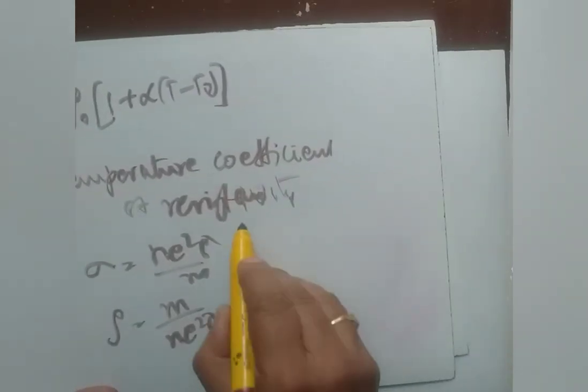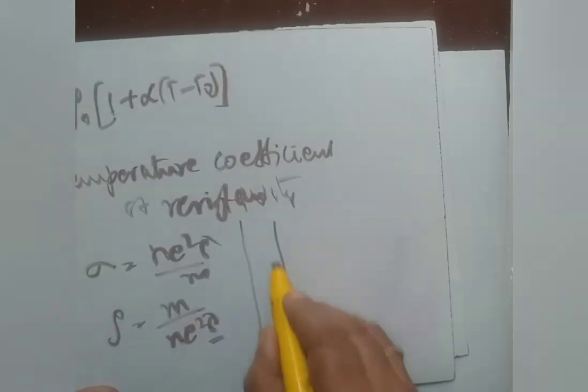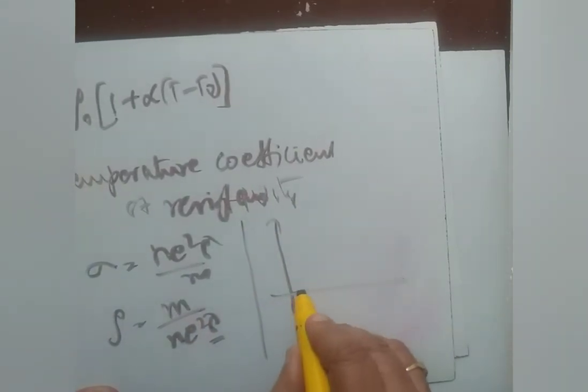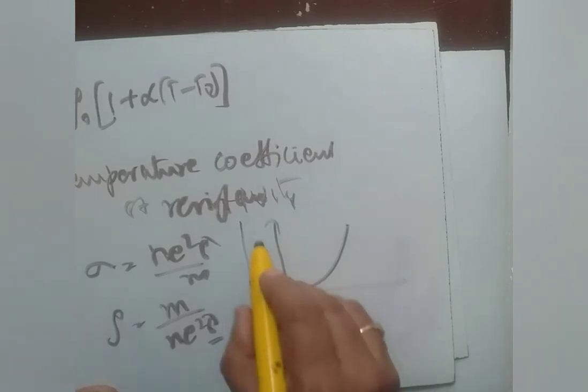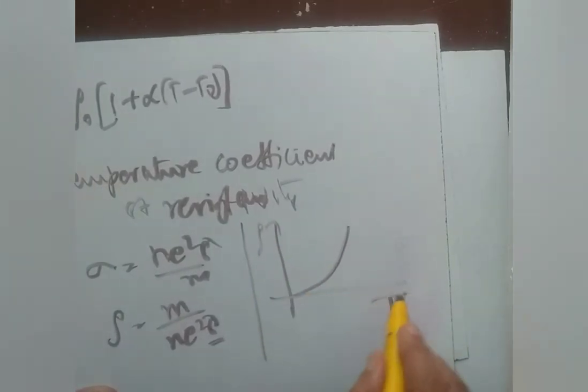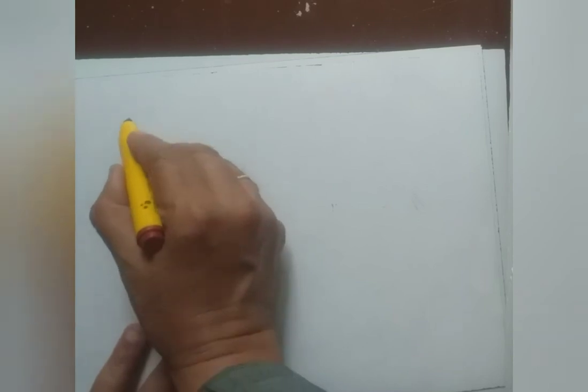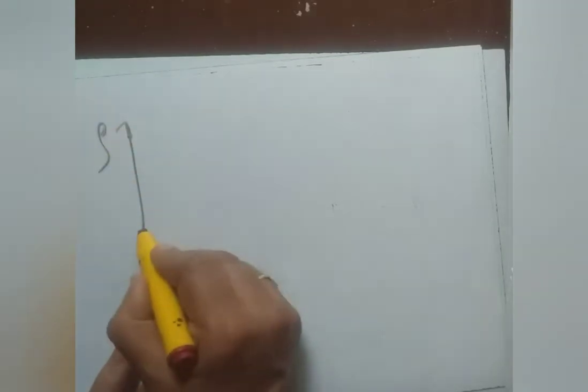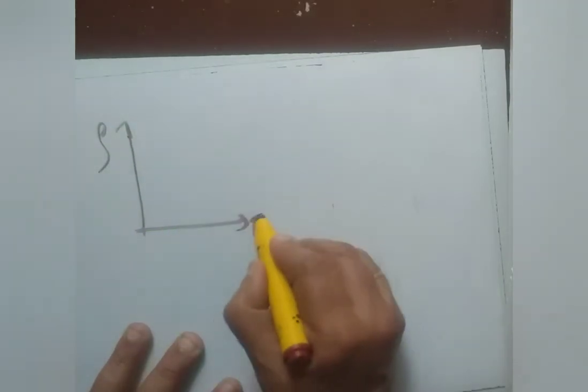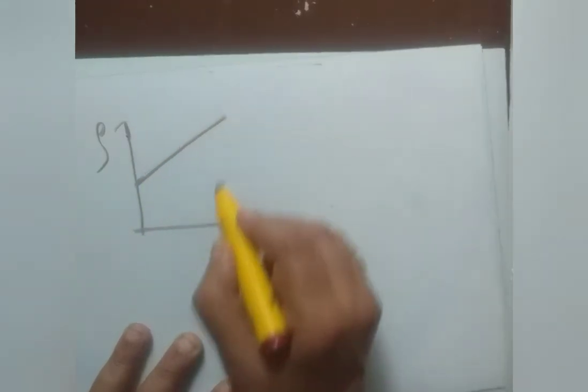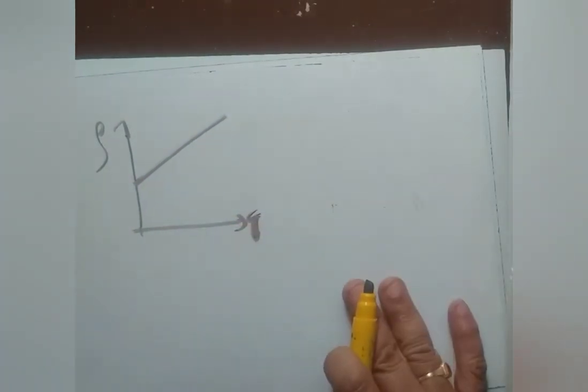For copper, resistivity variation will take this type of curve, rho versus temperature. For nichrome, which is a nickel chromium alloy, rho versus T is a straight line like this.